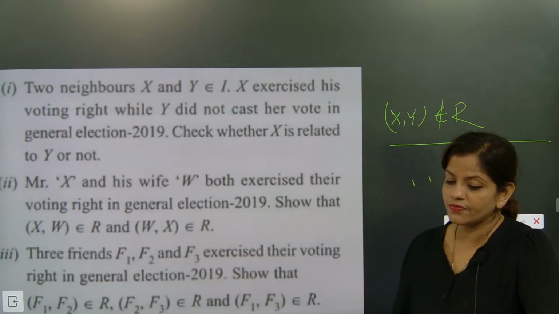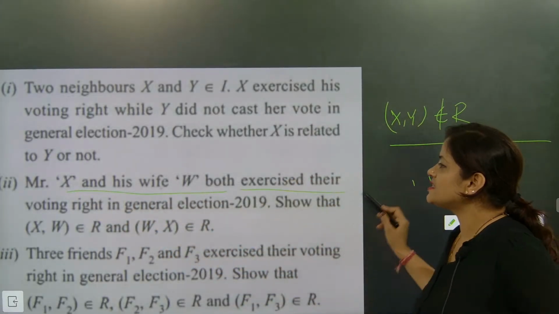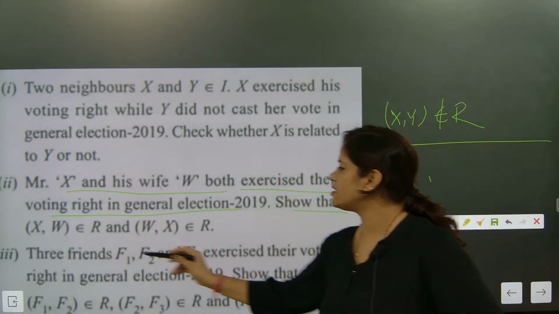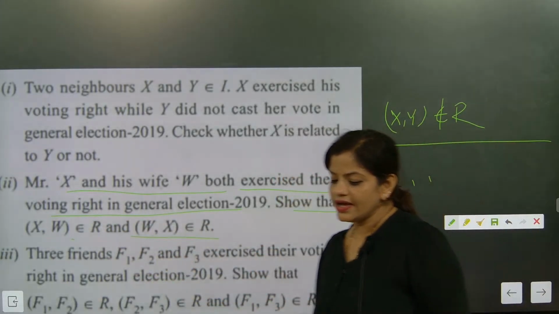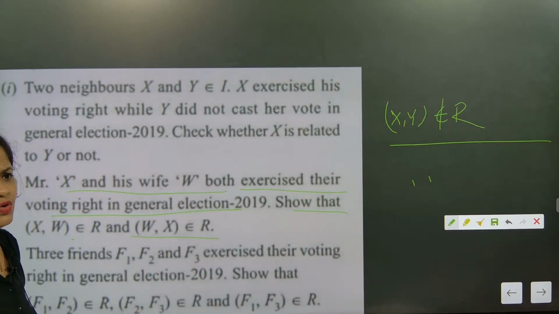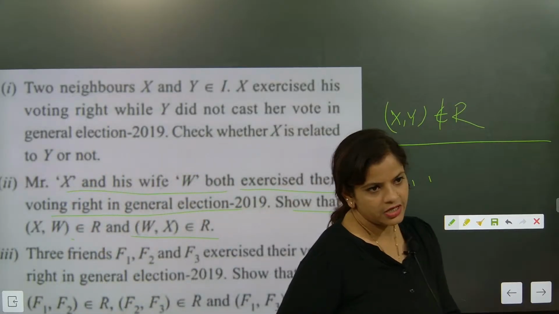Now the second part of the question, listen very carefully. X and his wife W both exercise their voting rights in general election. Show that this and this belong to R. Is it related to S? Correct. See, wife and husband, they are both part of a family, so they are related.